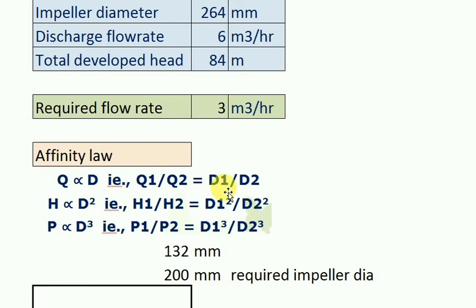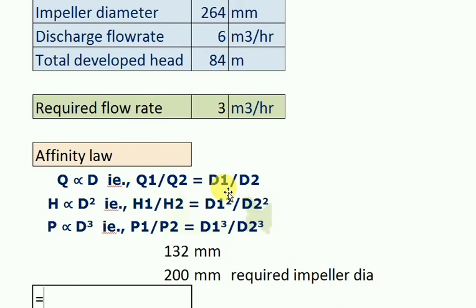Now the head pressure. 8.4 bar is the discharge pressure for the 264 mm impeller diameter. It is a flooded suction. So in the case of 200 mm, what will be the discharge pressure?